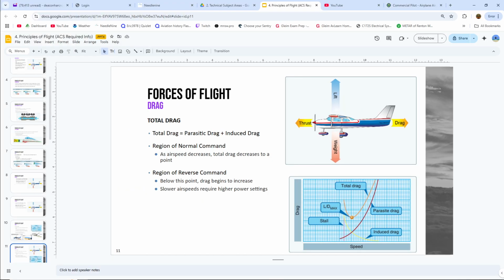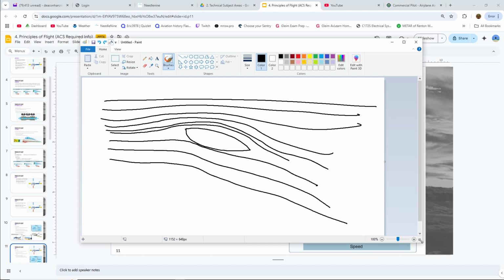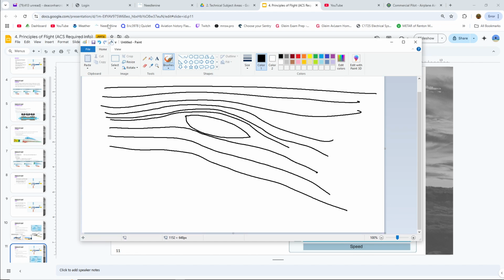If we're flying at our normal cruise speed and I wanted you to increase your airspeed, how would you do that? We're just flying straight and level, maybe 100 knots indicated airspeed.